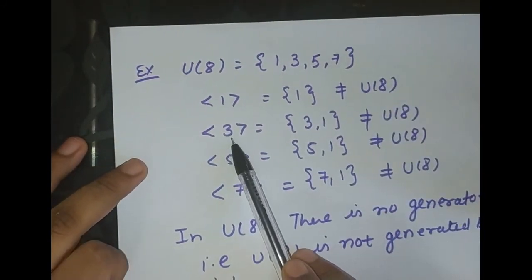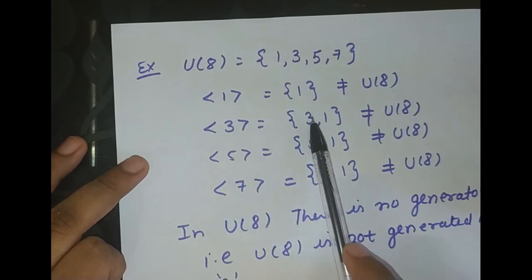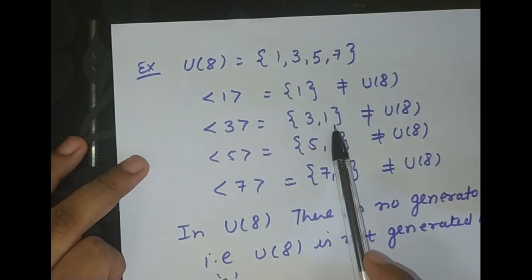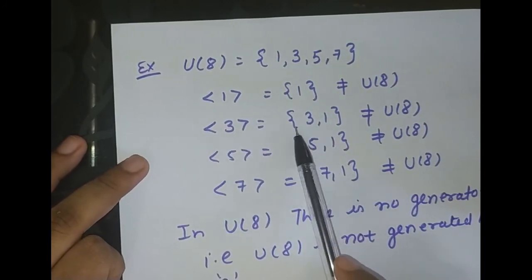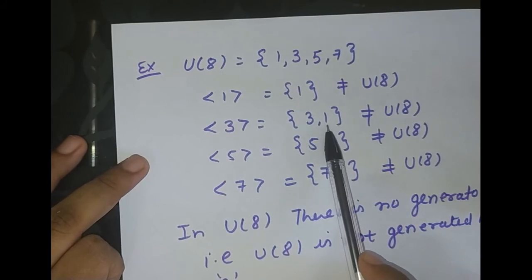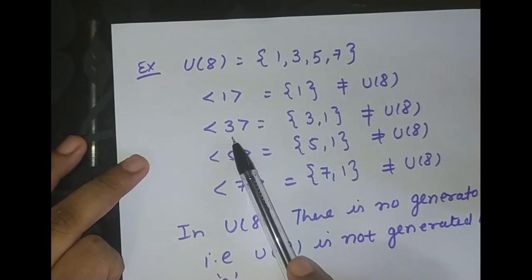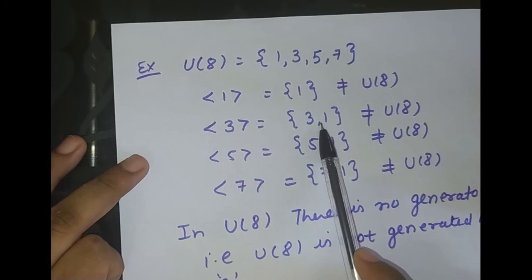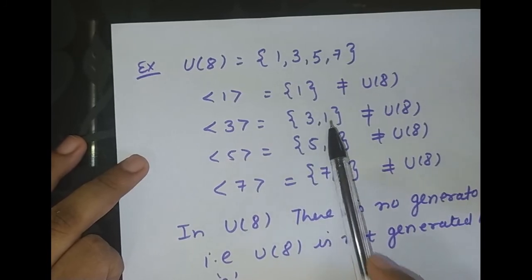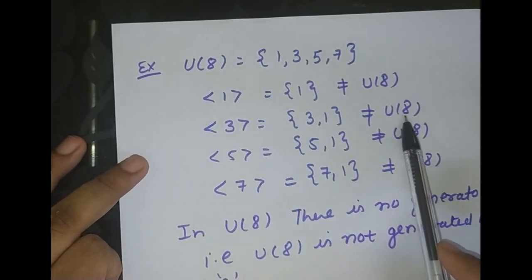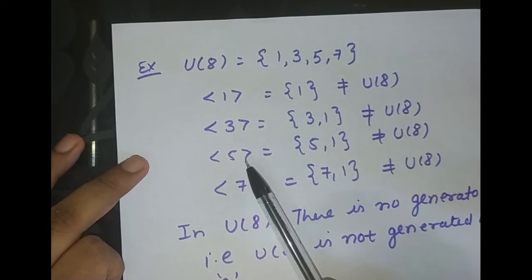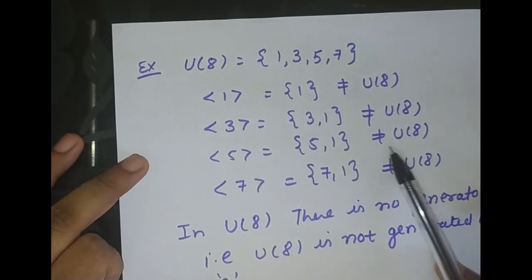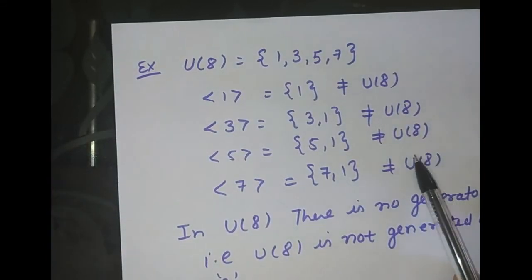Now what about the 3? 3 to the power 1 is 3, 3 to the power 2 is 9. It means applying modulo 8, the value is 1. So generated by 3, we have only 2 elements, that is 3 and 1. So this 3 is not the generator of U8. 5 and 7 are also not generators of U8.